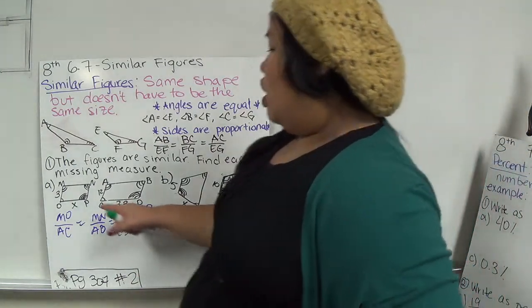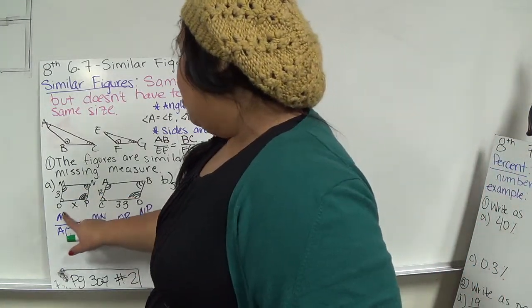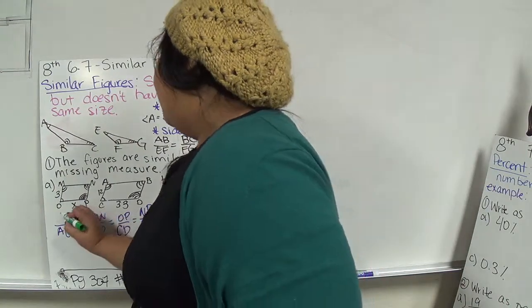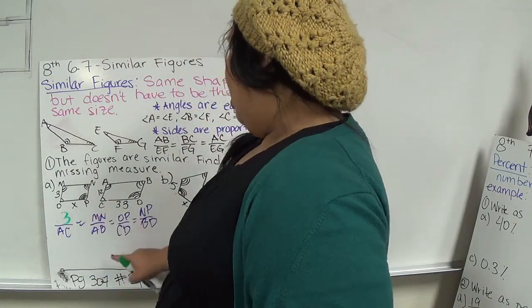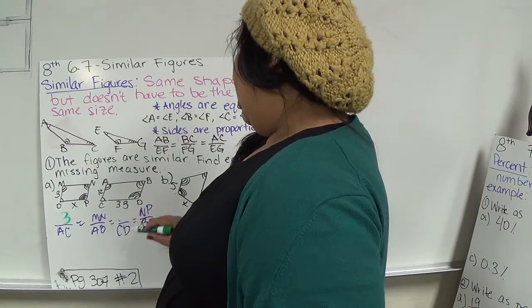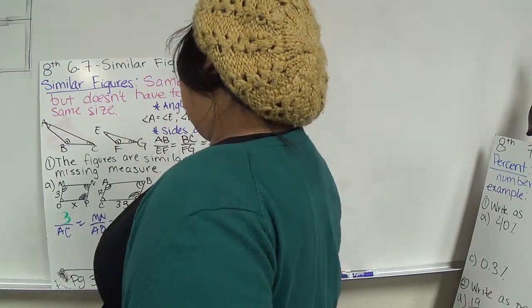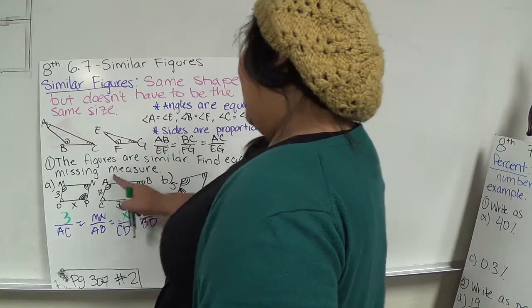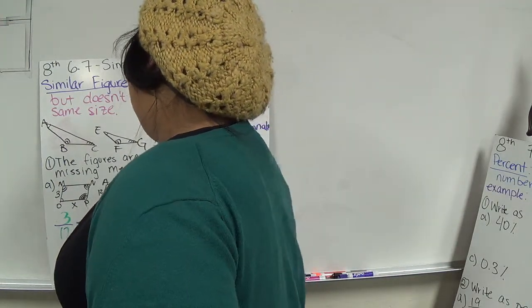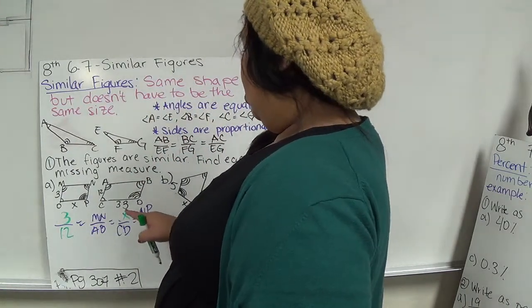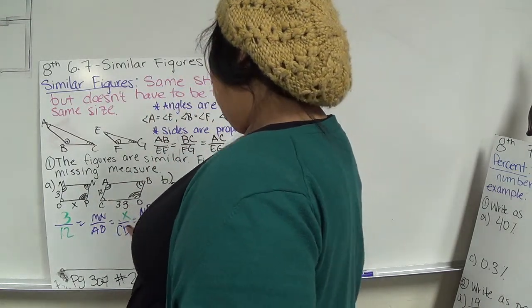So let's fill in what we know. MO is 3. OP is x. AC is 12. And CD is 33.